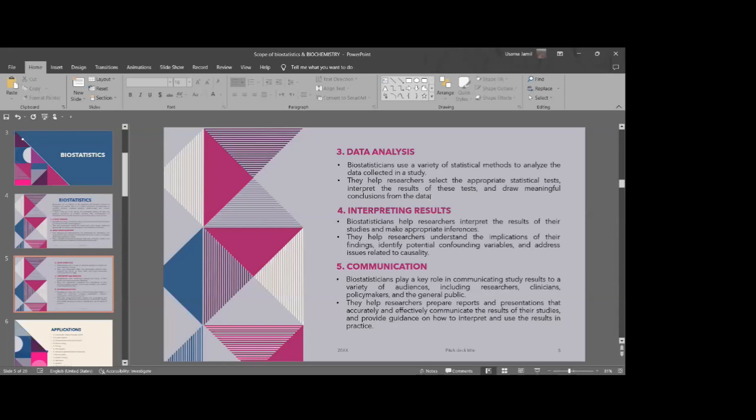We put it in order. For example, we put whatever data we have in Excel sheets. We apply data entry protocols and monitor data quality. We check if there is any error in the data. So this is the second part.